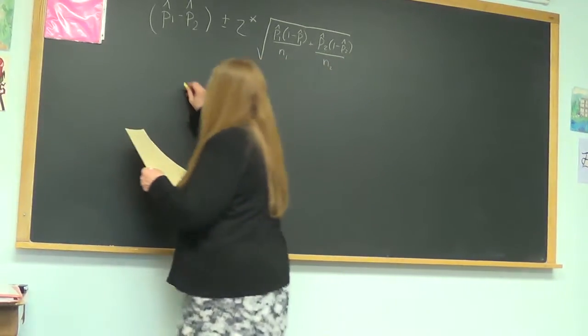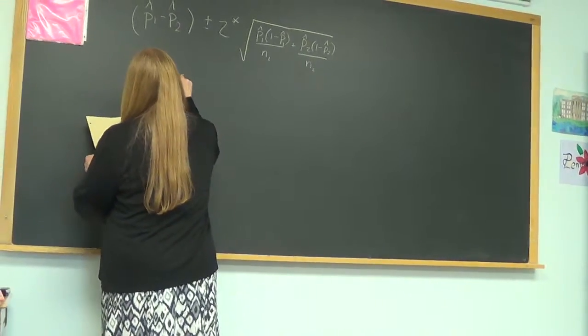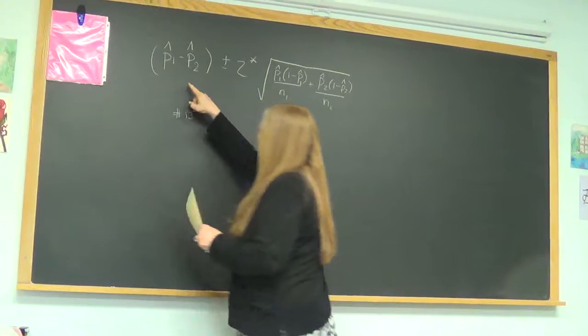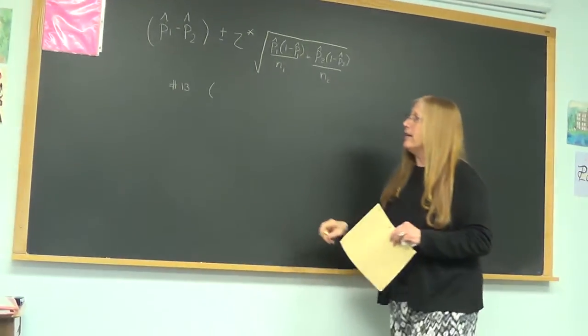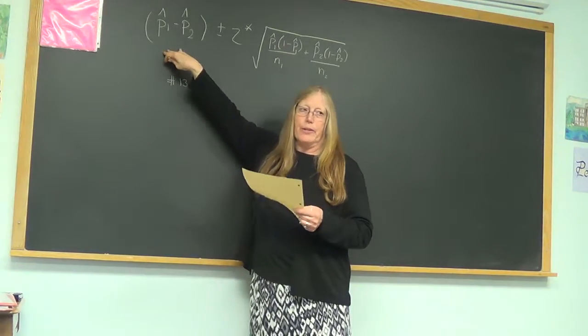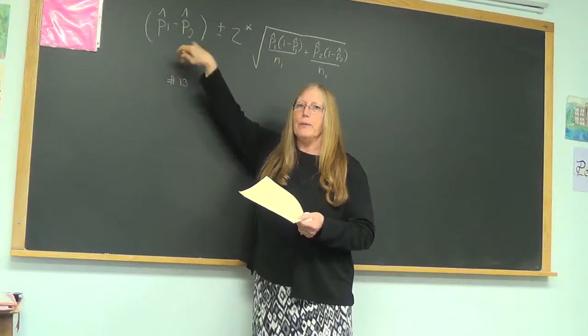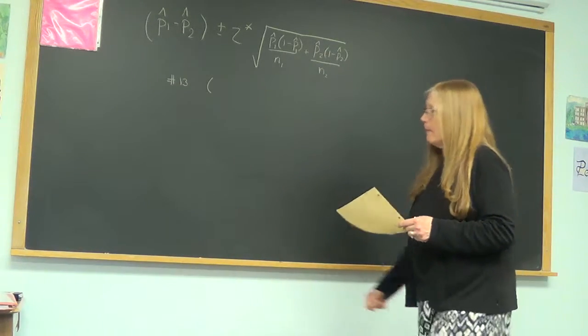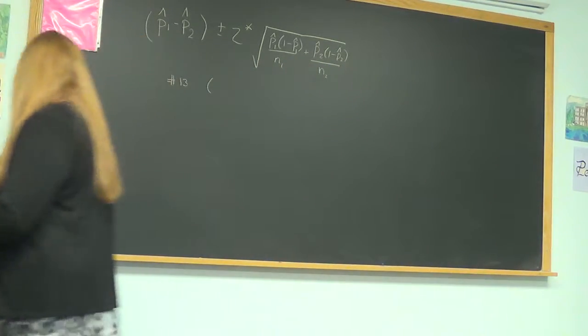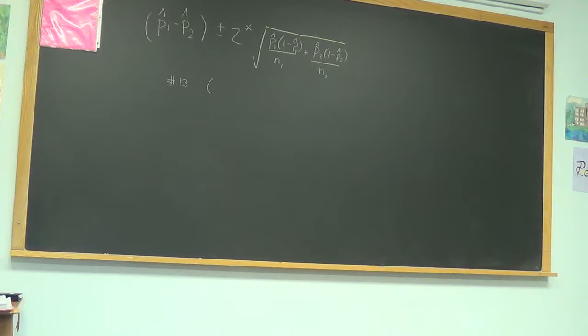So on number 13, if you did it correctly, tell me what numbers you put in. I'm not going to write them all out for the sake of time. Shannon? 0.44 minus 0.35 plus or minus 2.58 times the square root of 0.44 times 0.56 over 2253 plus 0.35 times 0.65 over 2629.